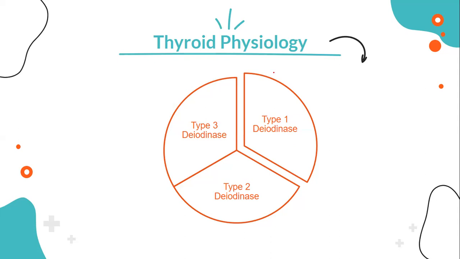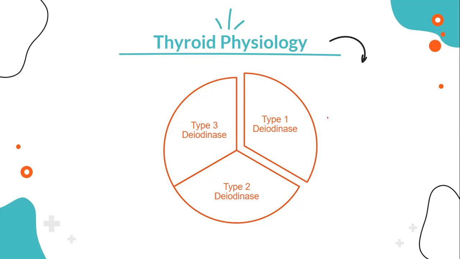As I already told you, T4 is a non-active form, and the active form is T3, right? So these peripheral tissues have three types of deiodinase, which are enzymes that take away one iodine molecule.